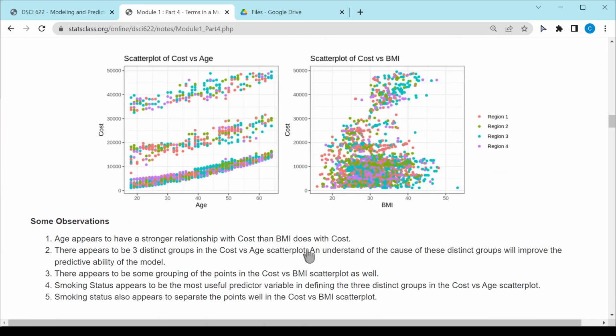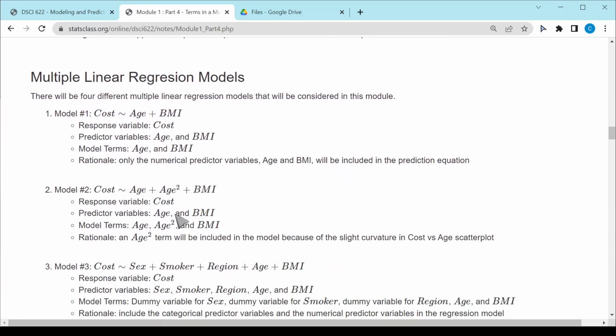So in this model, model number 2, I actually have two predictor variables, age and BMI. However, this model has 3 terms. One for age, one for age squared, which again is going to allow for a little curvature, and then another one for BMI. So here's a clear distinction between what we indicate predictor variables to be and what we indicate model terms to be. I have 2 predictor variables, but this model has 3 terms.